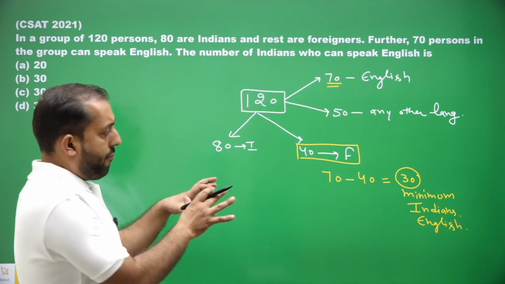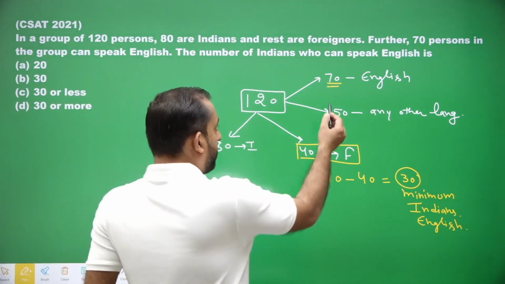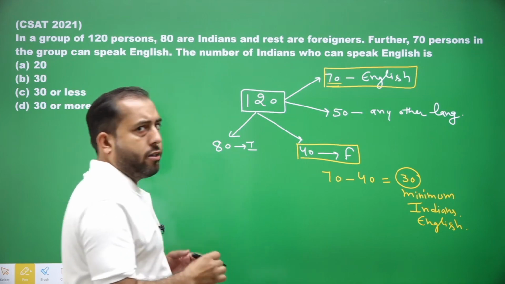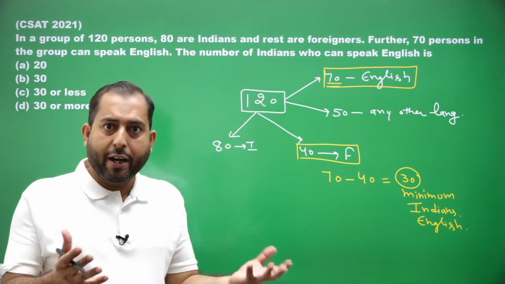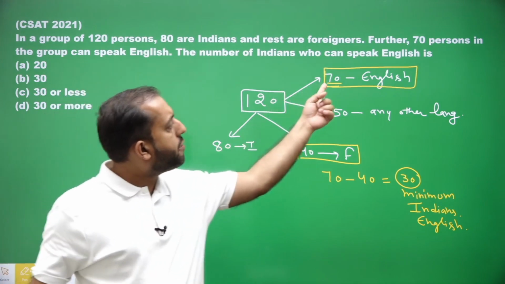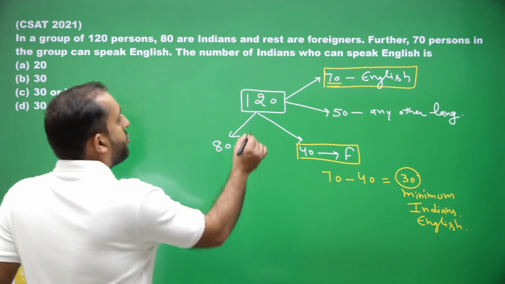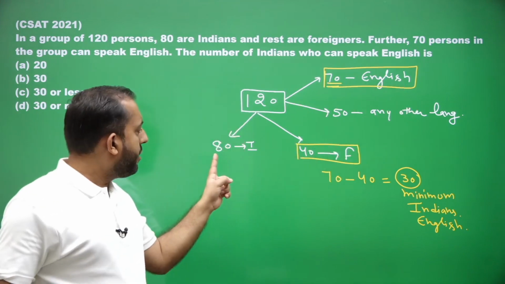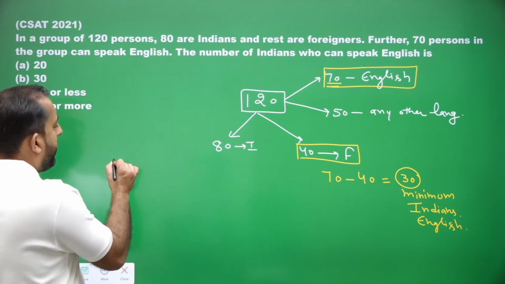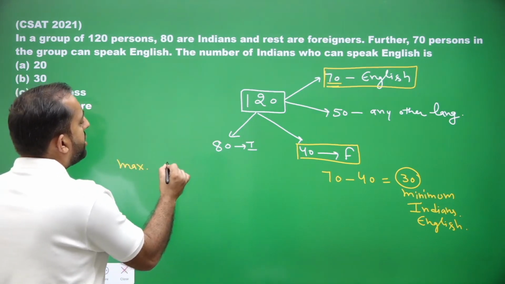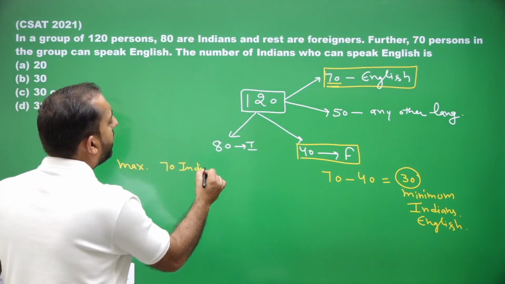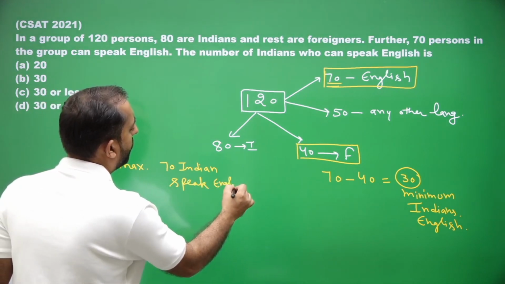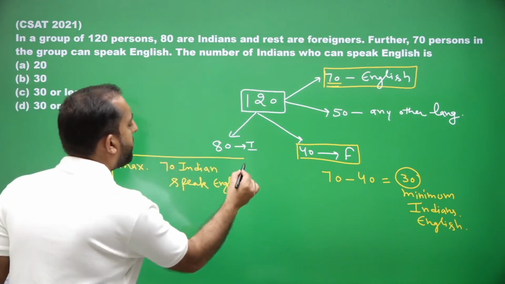Similarly, suppose these 70 people who speak English are all Indians. It is possible because the number of Indians is more than 70. So if all these 70 English-speaking people are Indian, then at most 70 Indians can speak English.